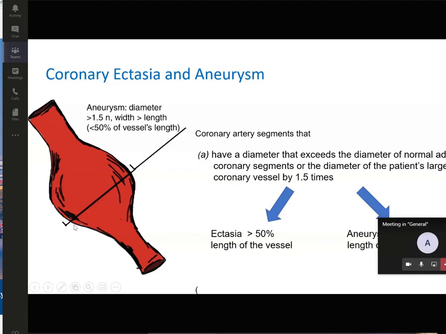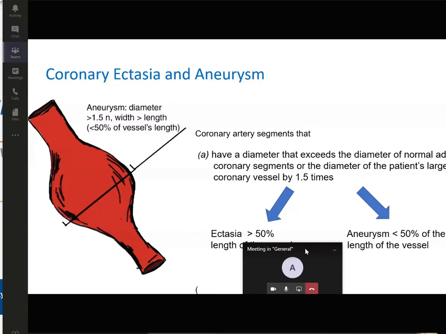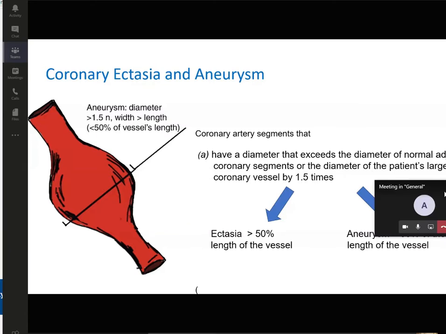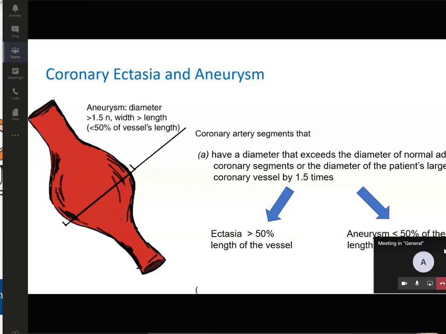Ectasia is 1.5 times the diameter of the vessel. We call it ectasia when the vessel involved is more than 50% of the length of the vessel. If it is less than 50%, we call it an aneurysm.